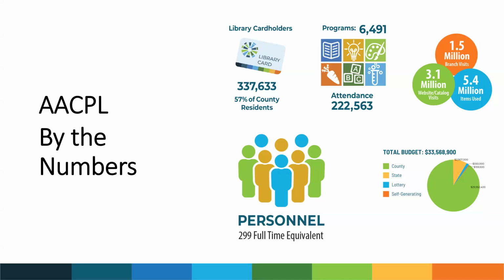We've had 1.5 million branch visits to our libraries, 3.1 million website catalog visits, 5.4 million items that have been used. And again, we have the operating budget. This one, it's roughly $33 million. We have about 300 full-time equivalent employees. So that's a brief overview of the Anne Arundel County Public Library.